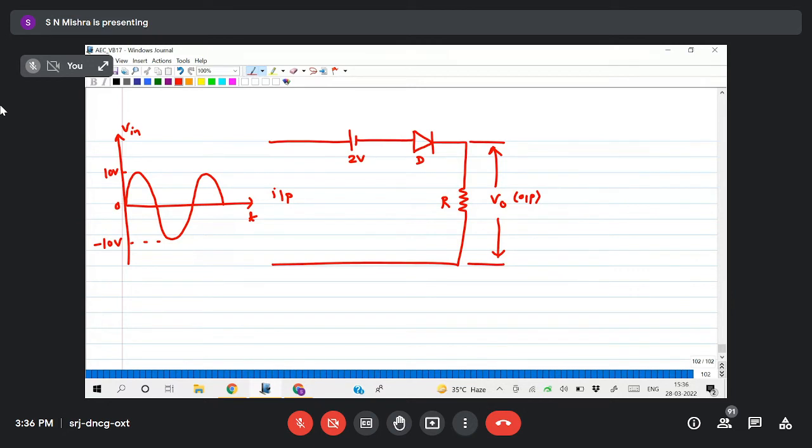See here, the input voltage is changing from minus 10 to plus 10, an AC signal. Before the diode, a 2 volt battery is connected. Now you have to find the output voltage. So this is your biased clipper. First you need to identify at what condition the diode will be on and at what condition the diode will be off.